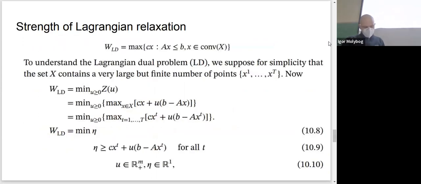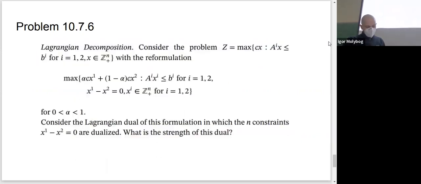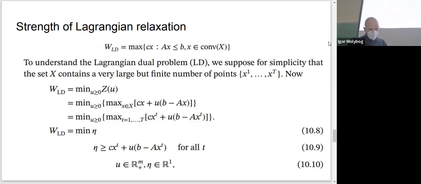Cool. Then we have the Lagrangian relaxations and its strength. So I have touched on this during the lecture.